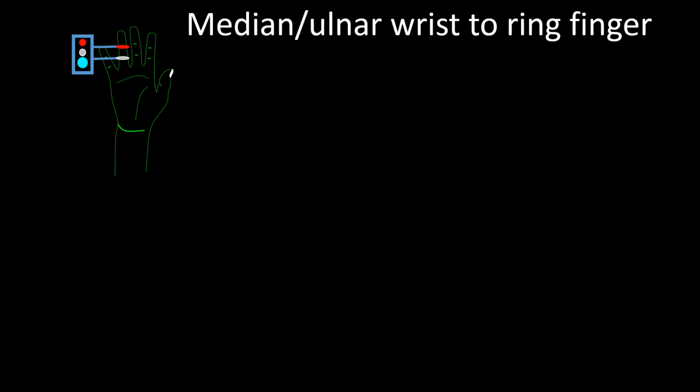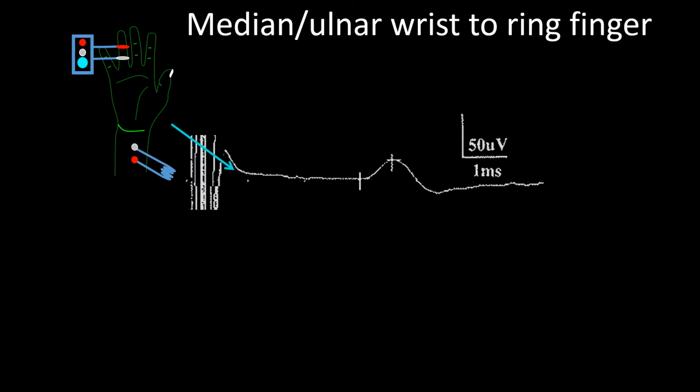In this test, the recording device is placed in the ring finger. The stimulating device for median nerve testing is placed proximal to the distal wrist crease, and the sensory action potential is thus recorded.